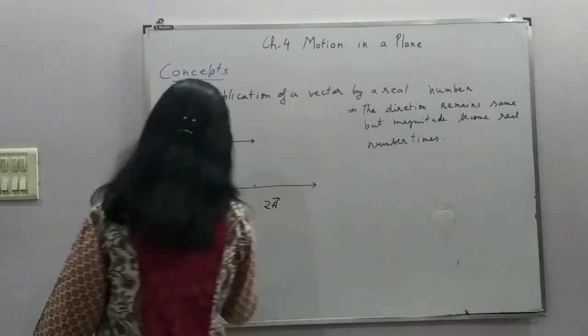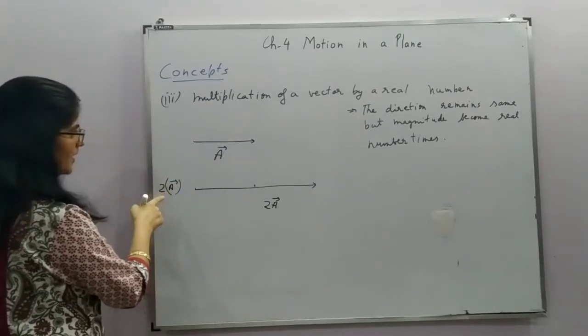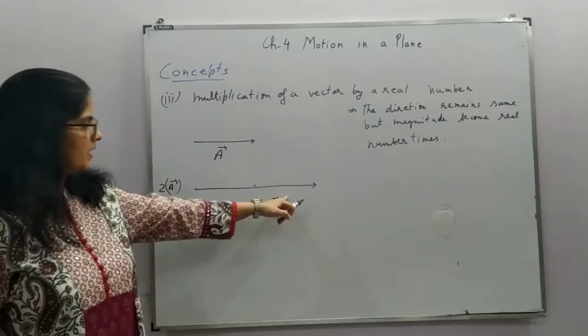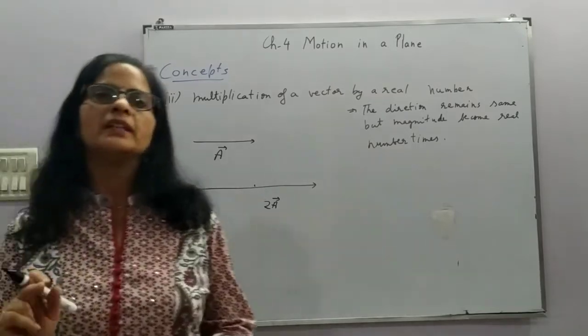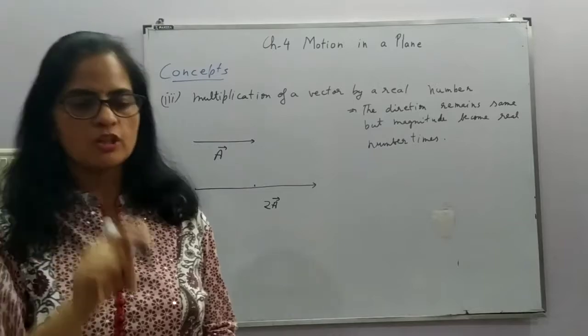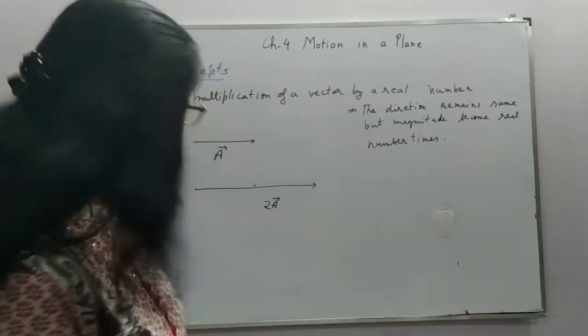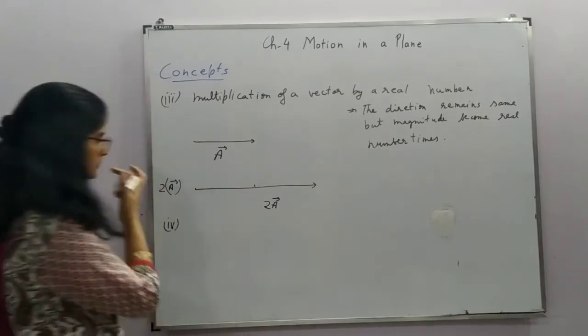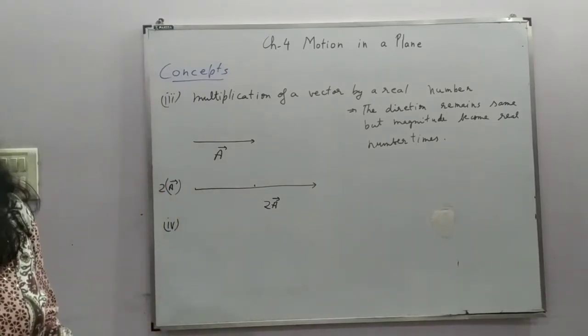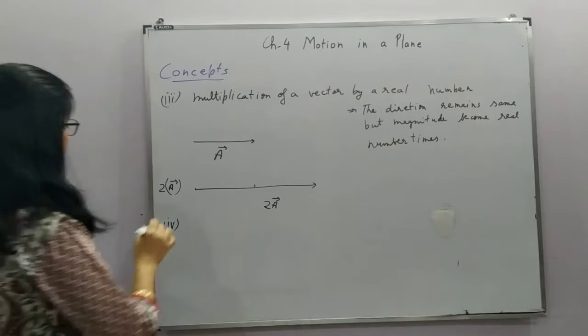So this way, if you multiply this A vector by 2, the magnitude will be 2 times of this magnitude of A, but the direction will remain same as the direction of A vector, right? Next we have addition of vectors.